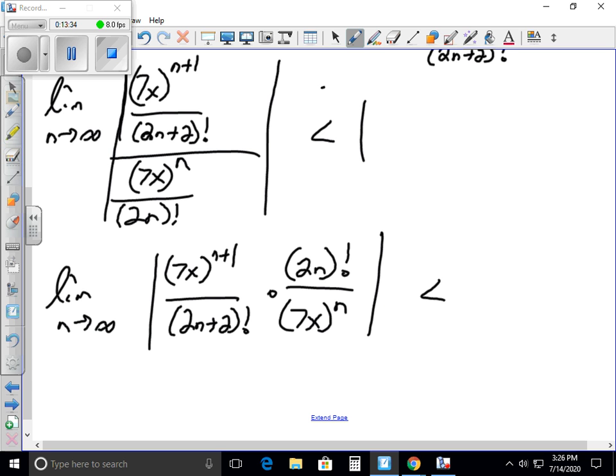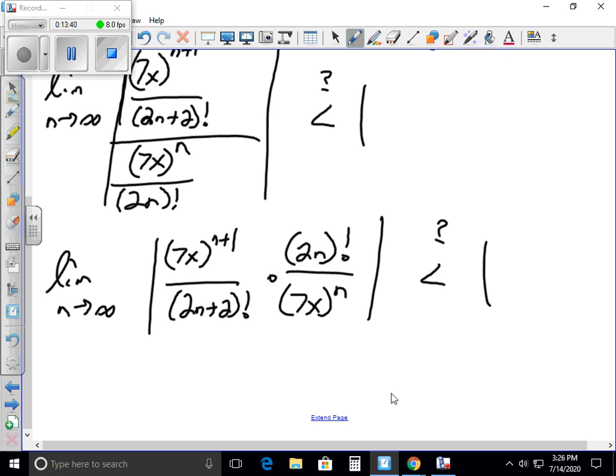When is that less than 1? So with the 7x to the n plus 1, we can rewrite that as 7x to the n times 7x to the first. That will make that 7x to the n and that 7x to the n cancel.